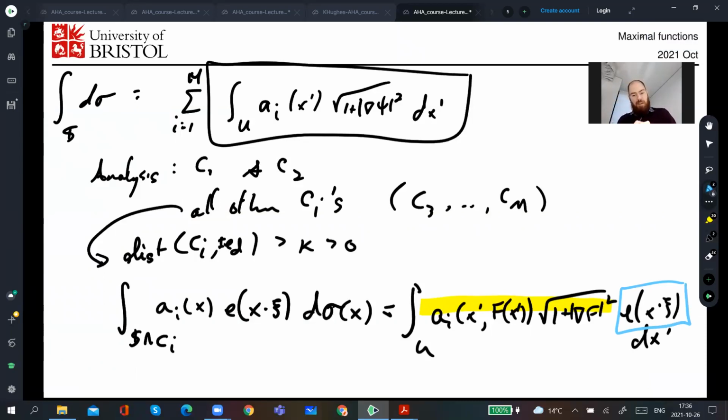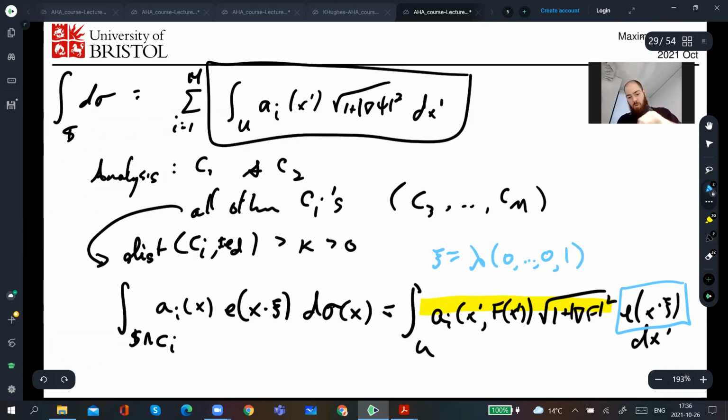Its derivative is always bounded away from 0. So it's non-stationary. There are no stationary points, because the only stationary points that come in, remember, C is equal to some lambda times 1 in the last coordinate, but 0 in every other coordinate. Since I'm bounded away from those north and south poles, this thing is always bounded away.